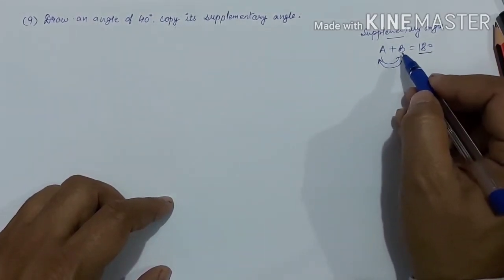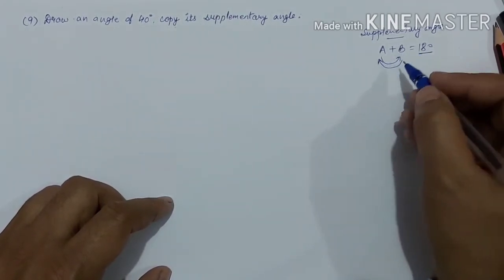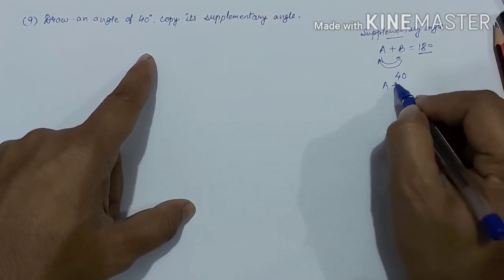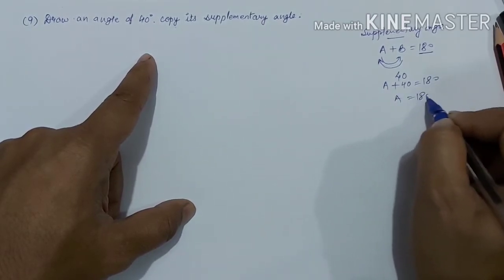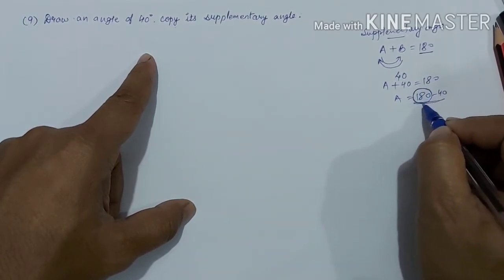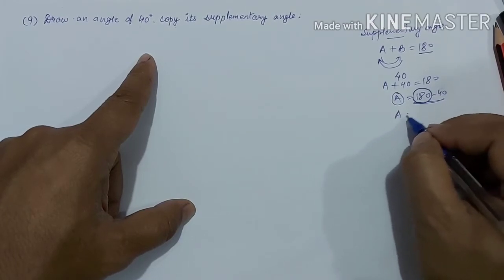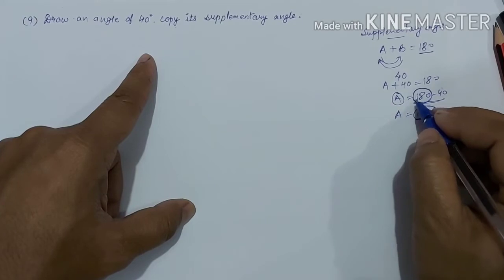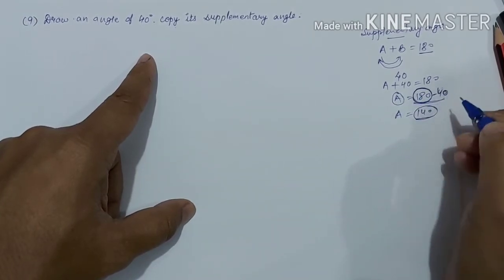The first is given as 40, so angle A plus 40 is equal to 180 and angle A is equal to 180 minus 40, which is 140. It means you make a straight angle and subtract 40.